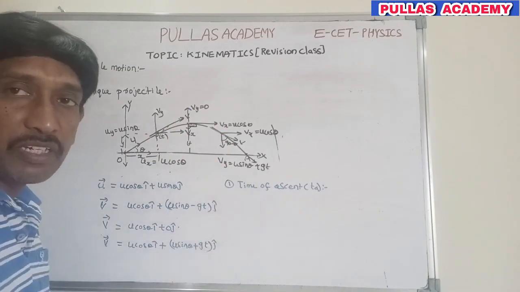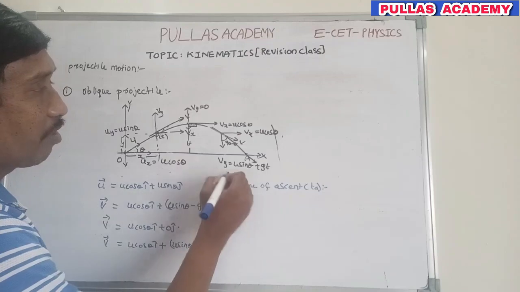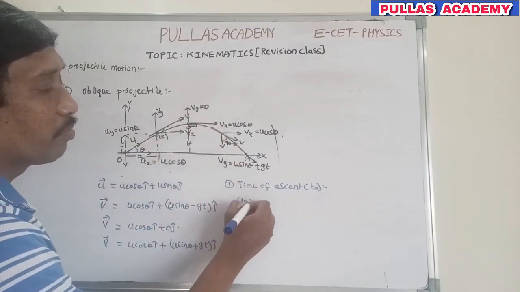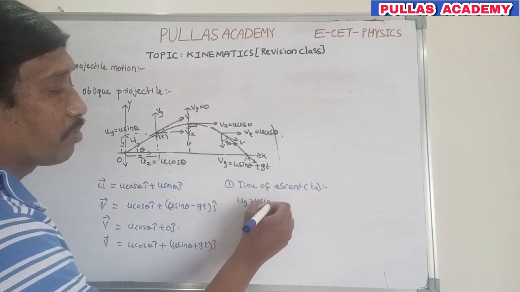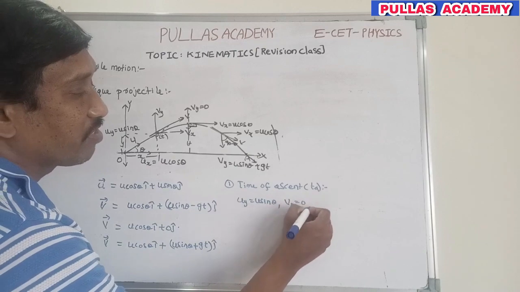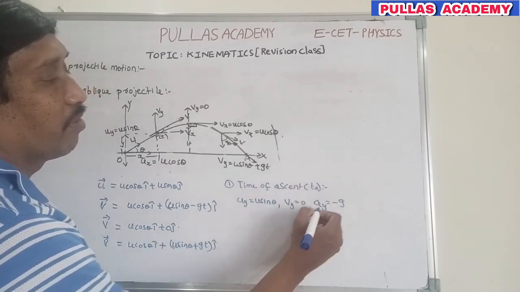So from the first kinematic equation, you get the expression. Here, for this oblique projectile, the initial velocity along the vertical direction, uy, is equal to u sin theta. Along the vertical direction at the highest point, the vertical component of velocity is 0. Next, ay is equal to minus g.